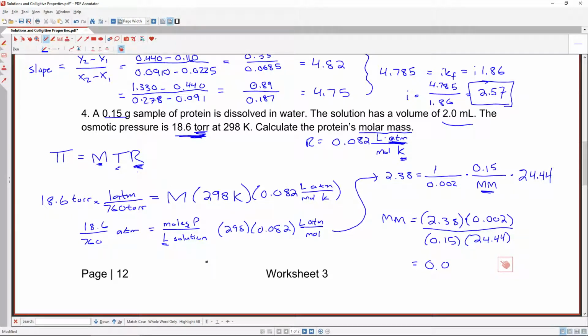Moles is grams divided by molar mass. Grams by molar mass, that's our volume in liters. And then 298 Kelvin and 0.082.